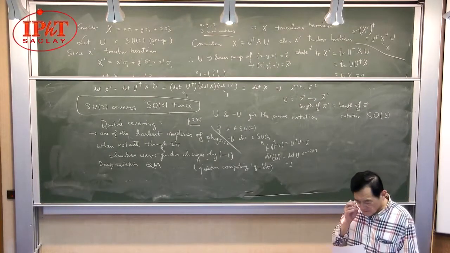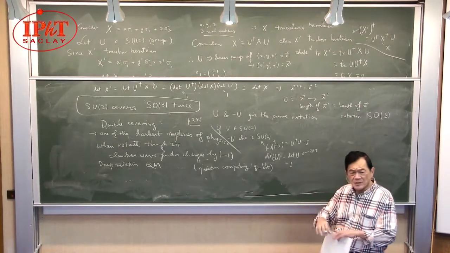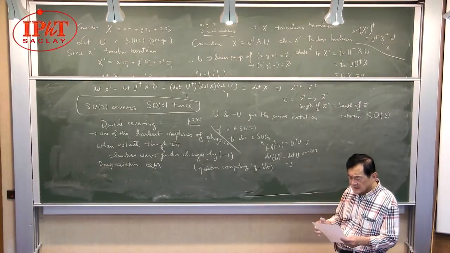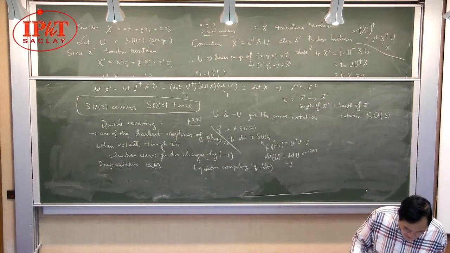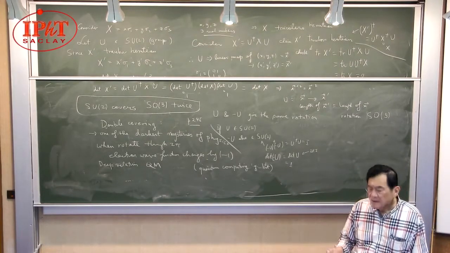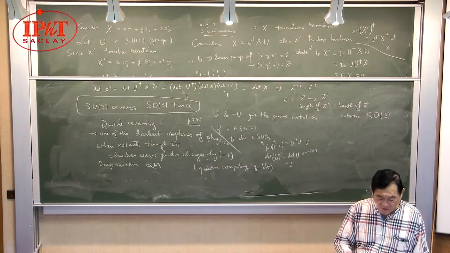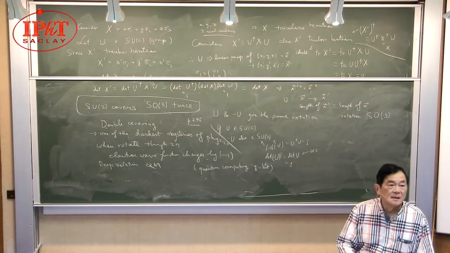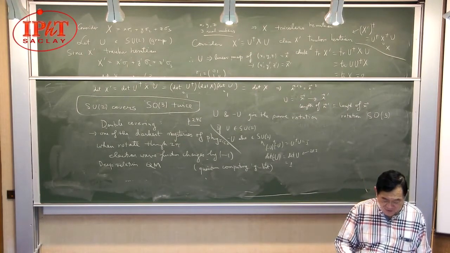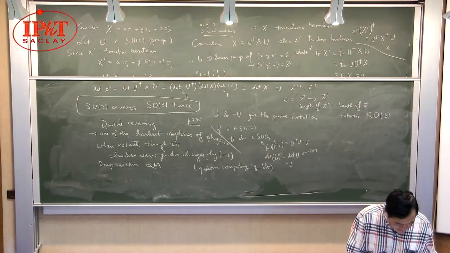So the groups SU2 and SO3 have this very peculiar relationship with each other, which is really bizarre. Before quantum mechanics, nobody would imagine that this property of SU2 and SO3 would be realized in nature.